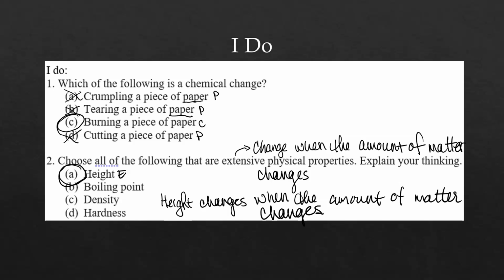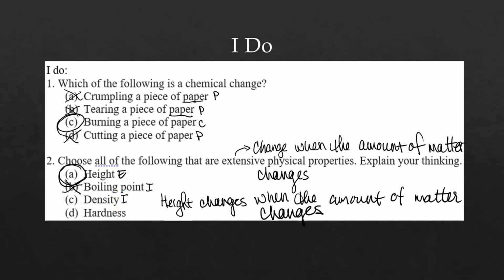Okay, boiling point, however, will not. A substance will always boil at the same temperature. Like water boils at 100 degrees Celsius or 212 Fahrenheit. That doesn't change if you have a cup or a pot of water. It'll always boil at that same temperature. Density, we mentioned earlier, is an intensive property because it does not change.